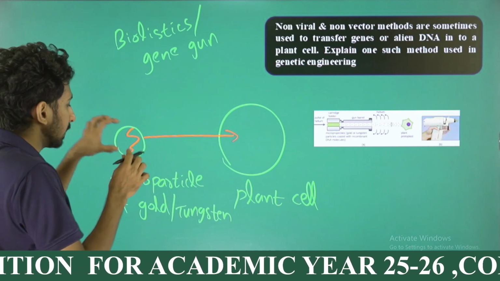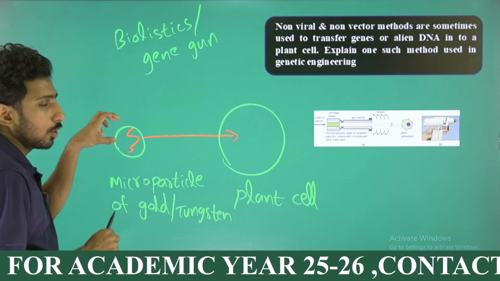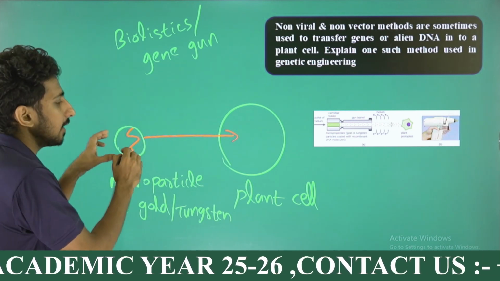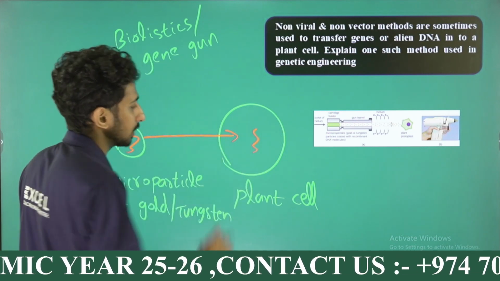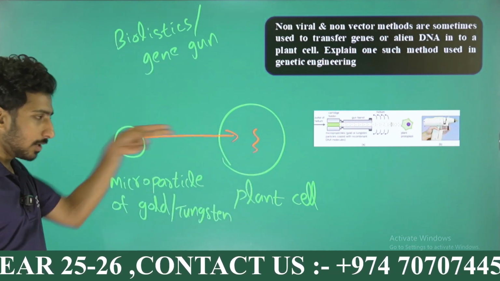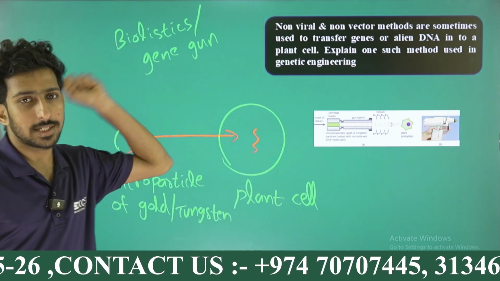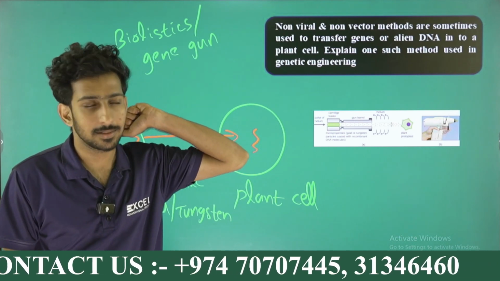Now with the microparticles of gold or tungsten, the coated DNA will also be introduced into the plant cell. This method is called gene gun or biolistics. Got it?